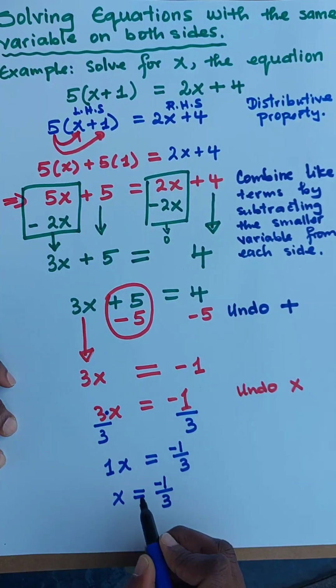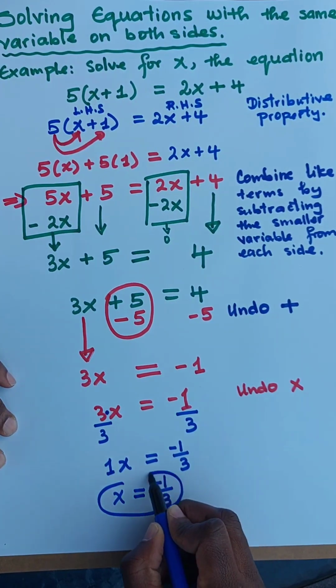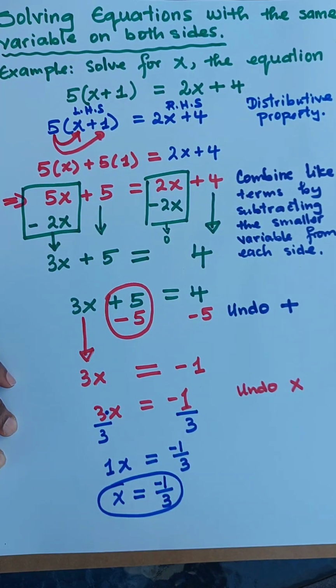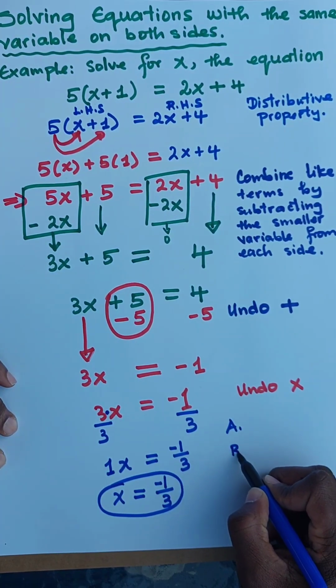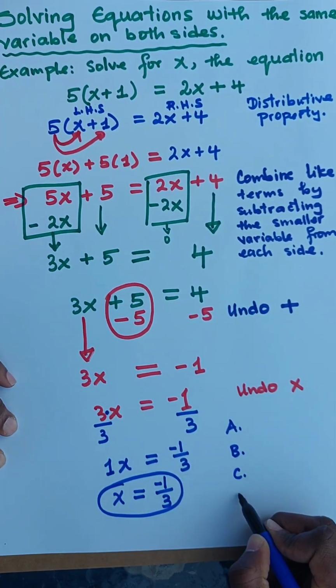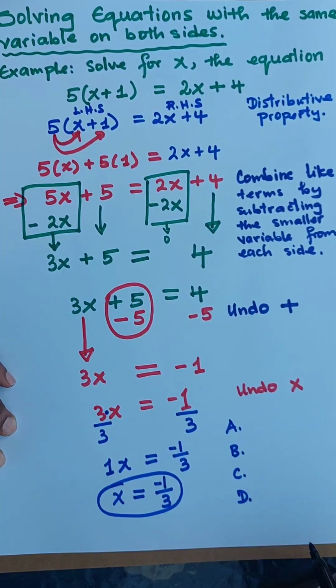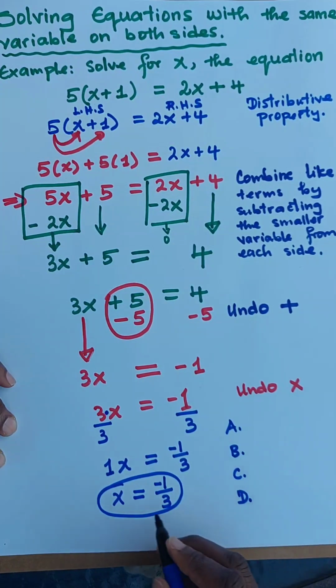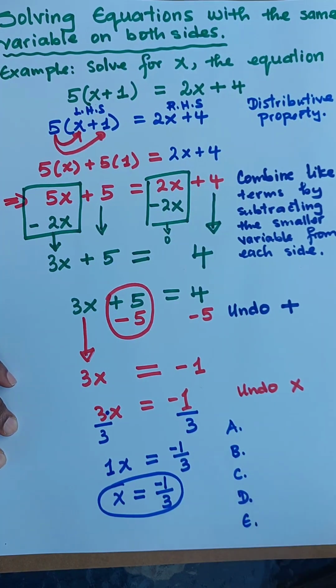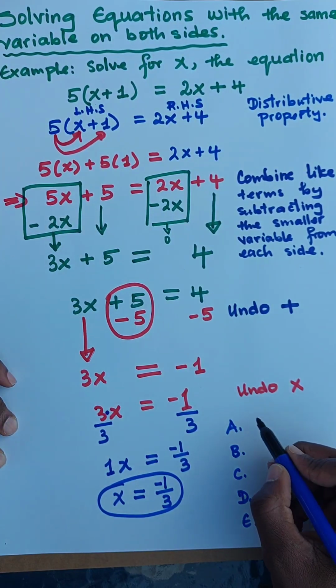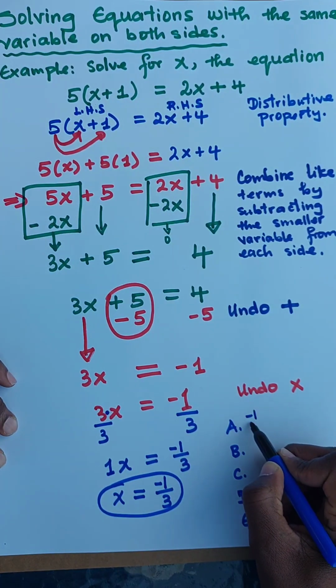Okay, in addition, if you were choosing your answers and you had A, B, C, D, and they say select all that apply, and you solve the problem and got what you have here. Then for A, you have negative 1 over 3.